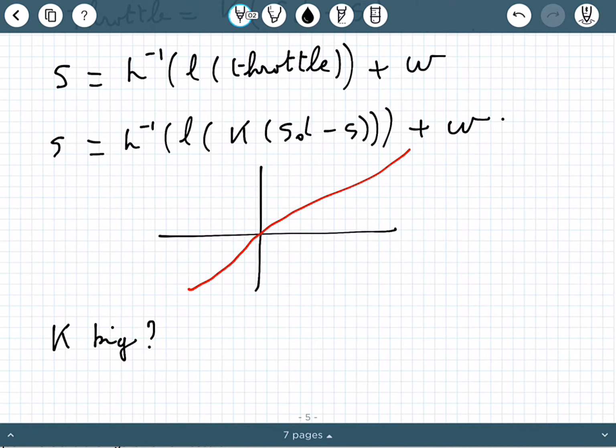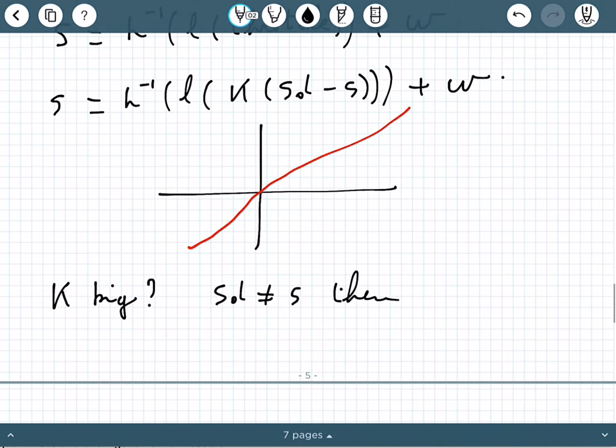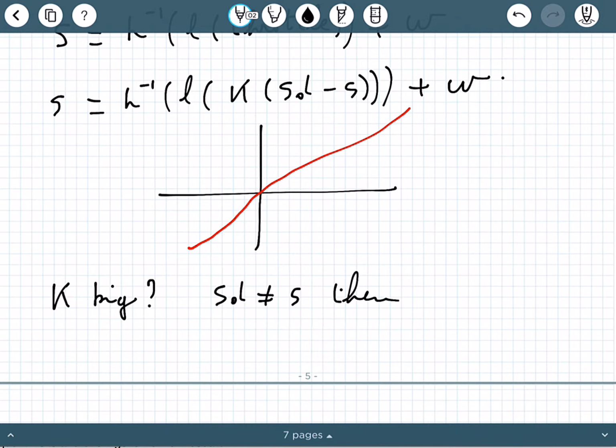Okay, what happens when I make K big is that if SD is different from S, so the speed is different from the desired speed, then K times SD minus S will become big, okay?